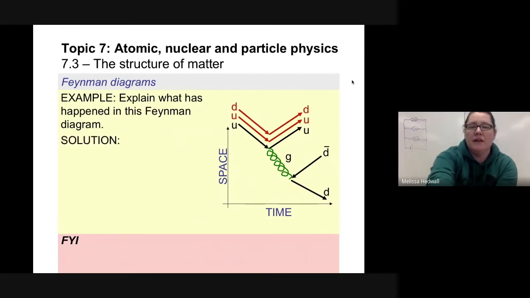On each of these, we have up, up, and down. If you look at the red ones, the down quark stays as a down quark, the up quark stays as an up quark, and they don't have anything that's changing or releasing. It's that single up quark at the bottom. If we have an up, up, down, we still have a proton. But in this situation, there's some energy release, as well as a down quark and an anti-down quark being created here.